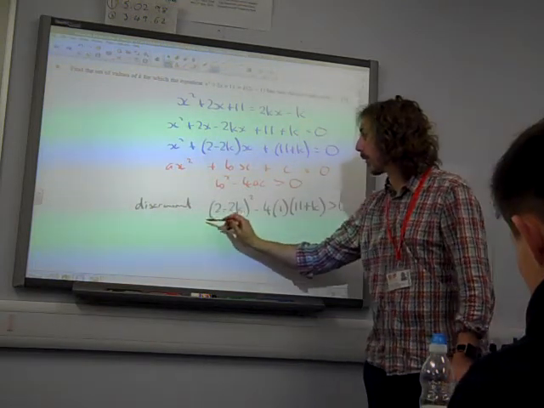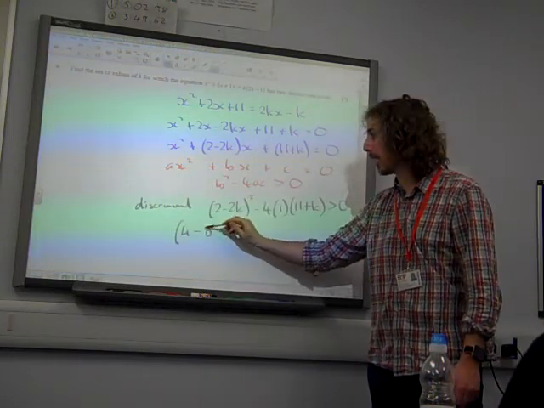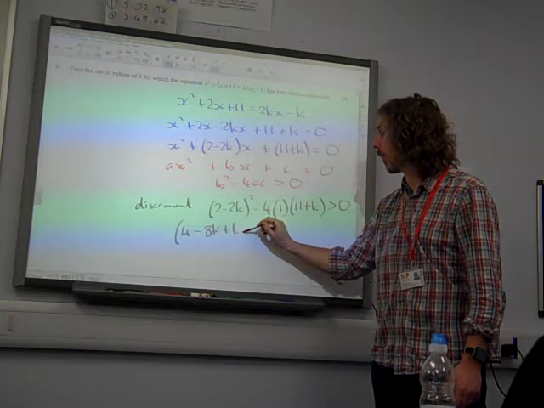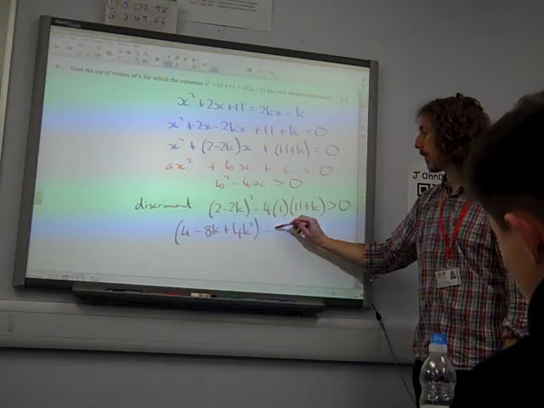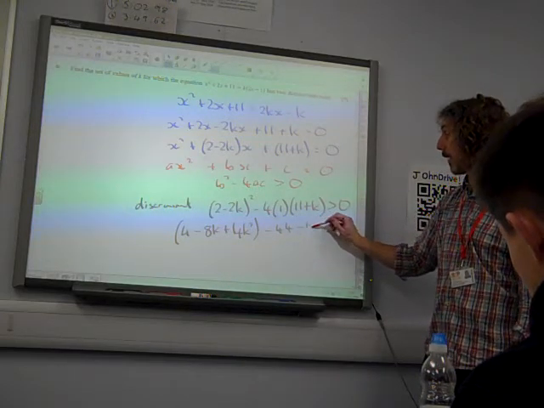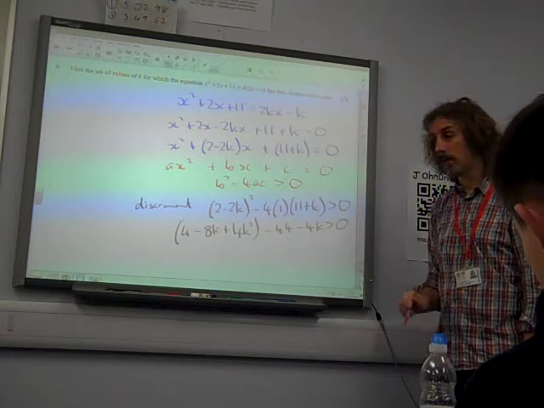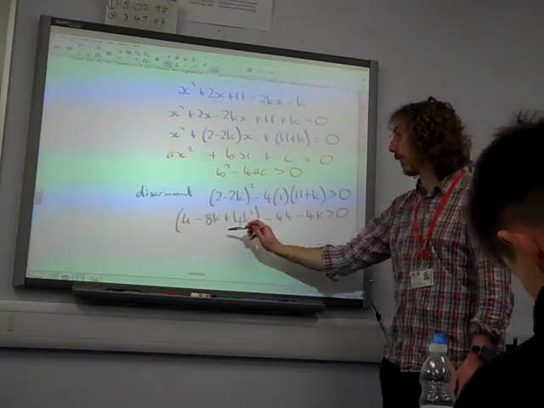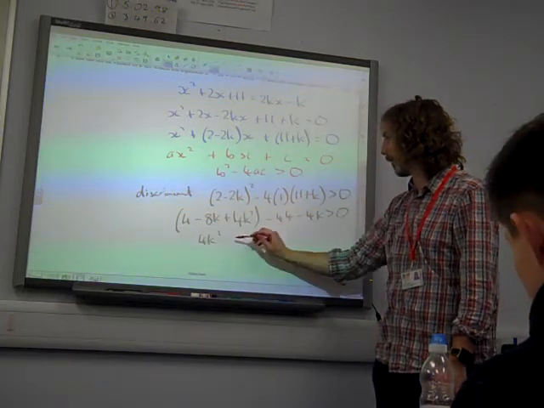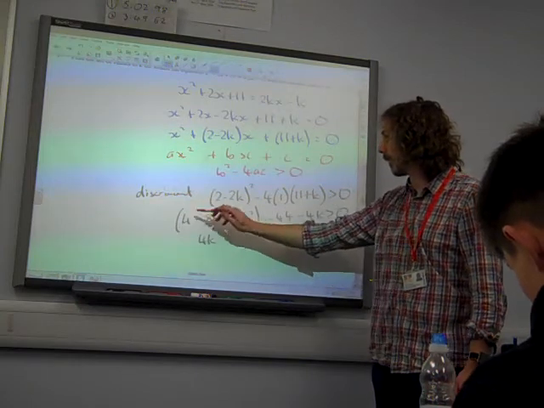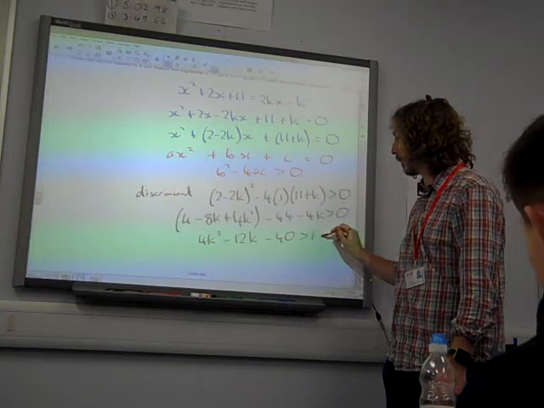I think we've got 4 minus 4k minus another 4k, so minus 8k plus 4k squared minus 44 minus 4k is greater than 0. So we've ended up within the discriminant with 4k squared minus 8 minus 4, so minus 12k, and 4 take away 44 is minus 40, has got to be bigger than 0.